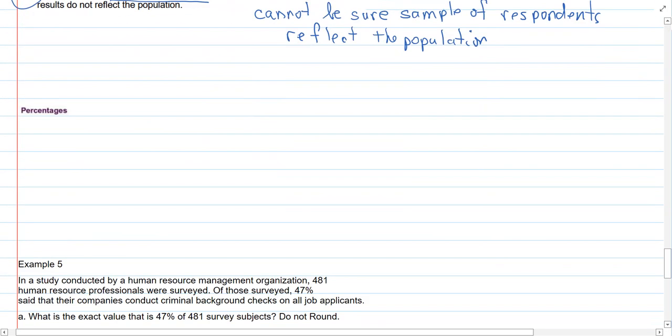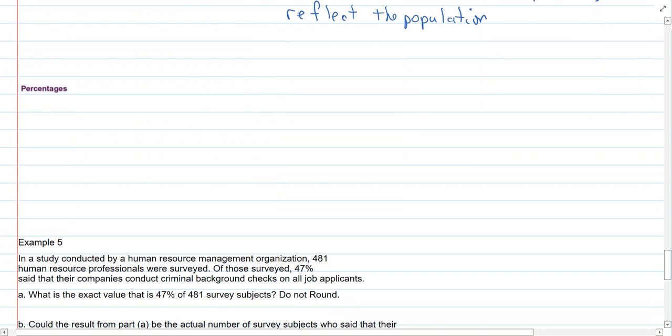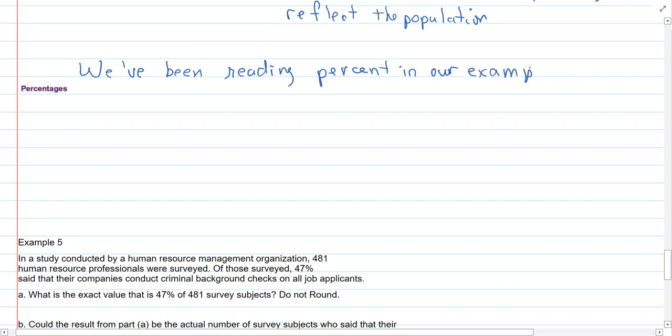So we've been reading about percentages in this lesson. So we have to, at this juncture, learn about percents in statistics.